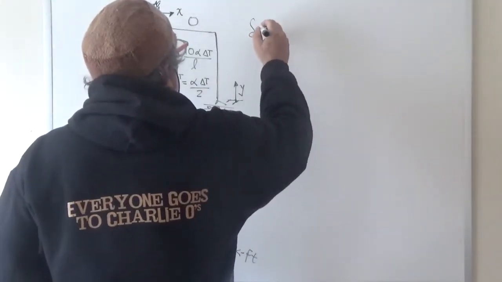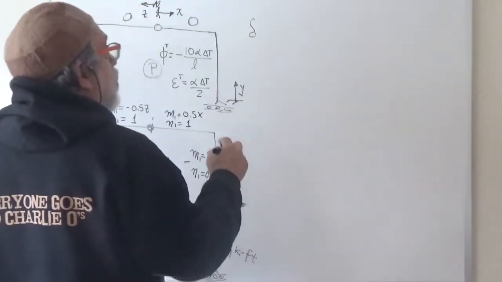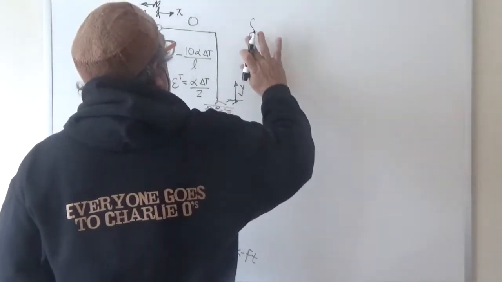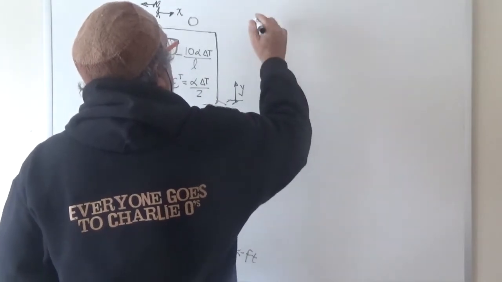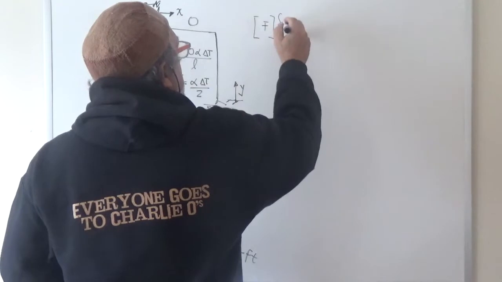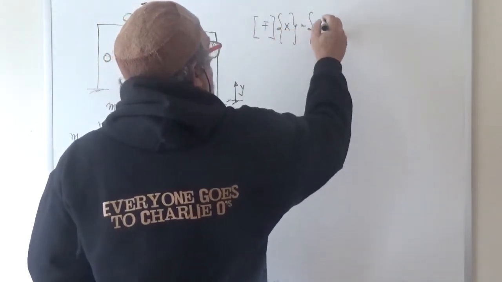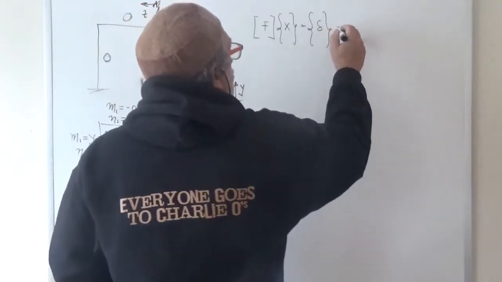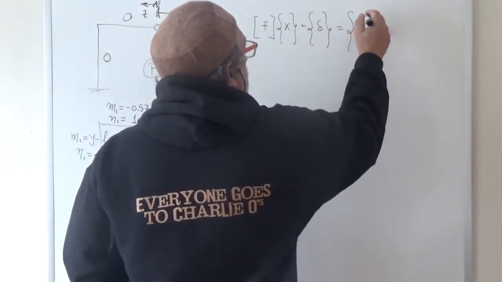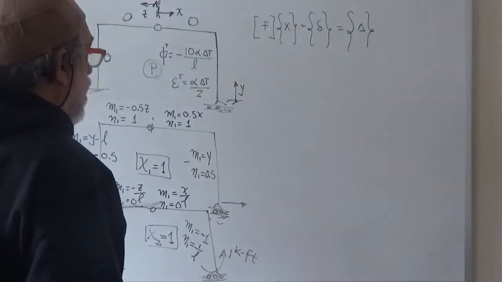Well, actually, no. Let's first remind ourselves that the flexibility method or the force method of analysis reads flexibility times redundants plus deformations due to the loads equals final deformations at all points. That is always the way the force method works.